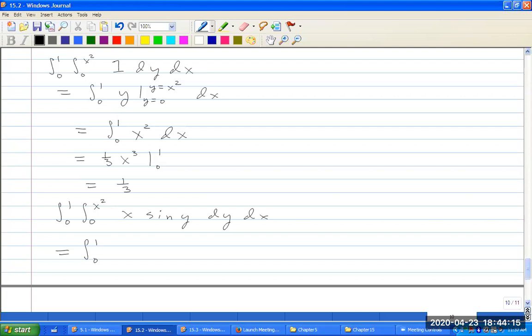The integral of sine is minus cosine, so minus x cosine y, and I'm evaluating this between y equals 0 and y equals x squared.